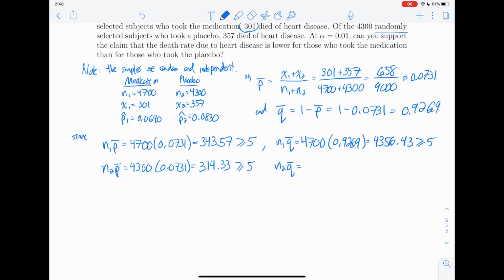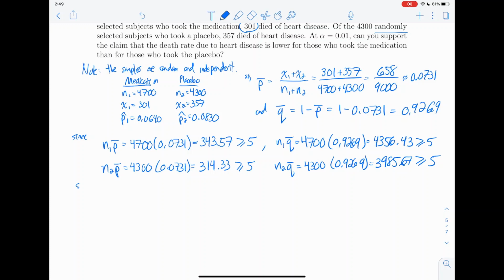And N2 Q bar is giving us 4,300 times 0.9269. This is giving us 3,985.67, which is, again, greater than or equal to 5. So indeed, we find that not only are the samples random and independent, but that the 4 required products to have a normal distribution for our sampling are all indeed verified.